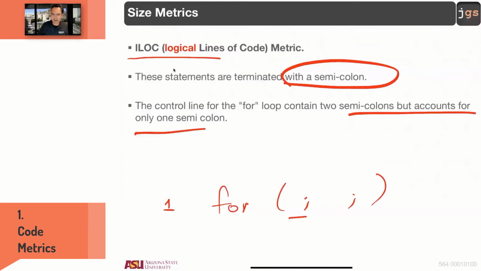Well, because the instruction needs 2 semicolons, but really the important thing that is happening there is 1 for loop, 1 instruction that needs 2 semicolons for a particular thing. So that particular case, even though you have 2 semicolons, counts for 1. So it's not about counting how many semicolons we have, because that's a specific case. Other than that, just counting the semicolons.